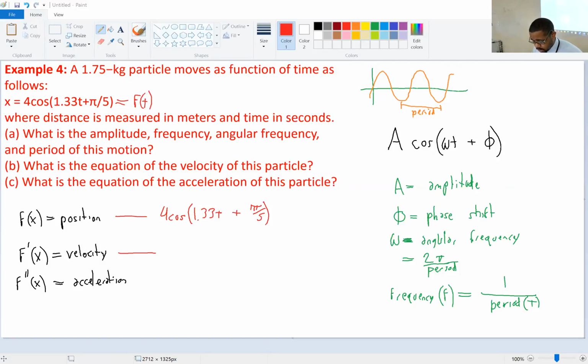Hang on, I need to make the font bigger.